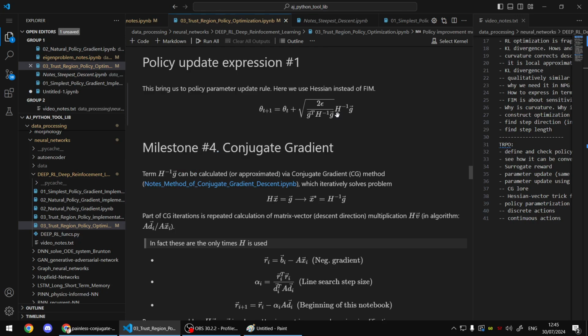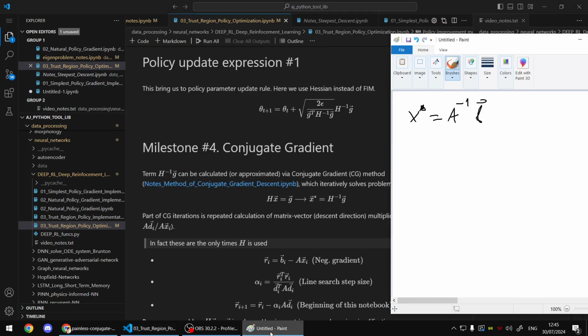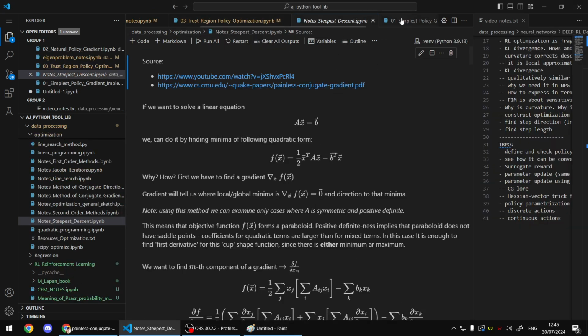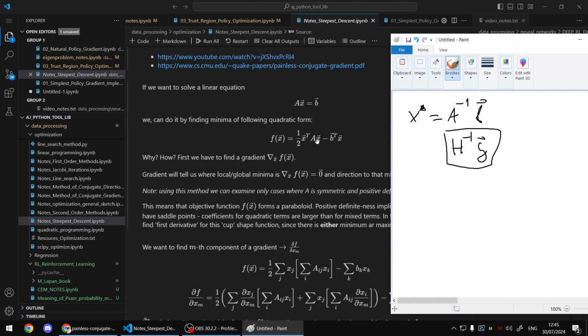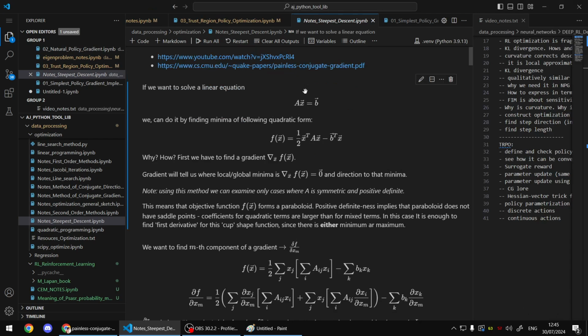In our case, it's just H^-1 b. So our conjugate gradient will actually give us a solution. And what this method tells you, if you have this particular problem, Ax = b, we want to invert A, but instead of trying to invert, we create this quadratic form.